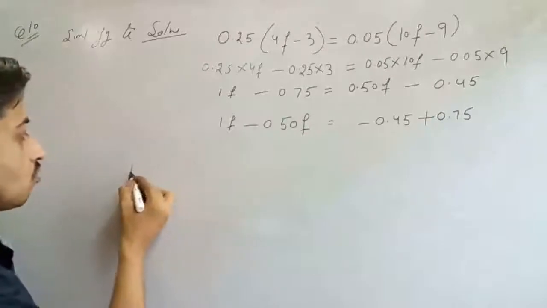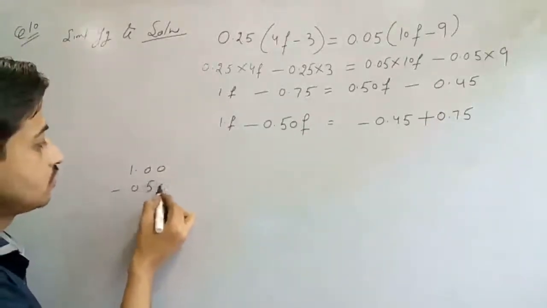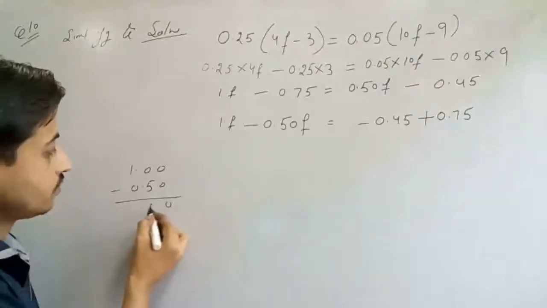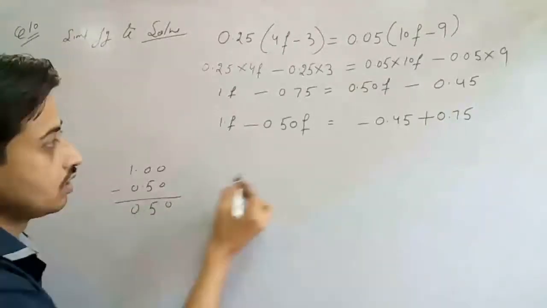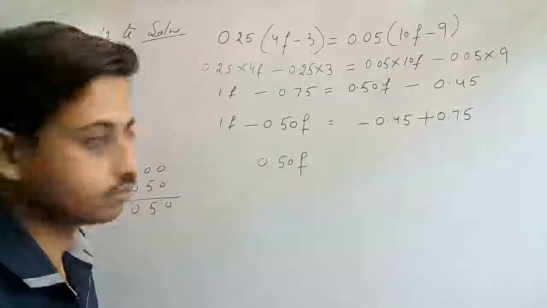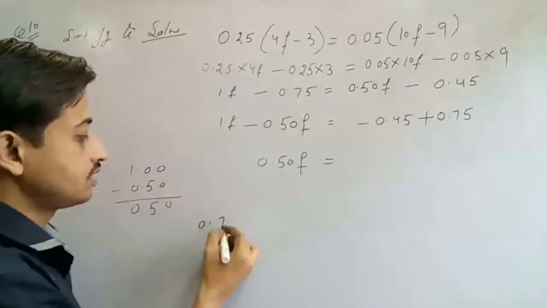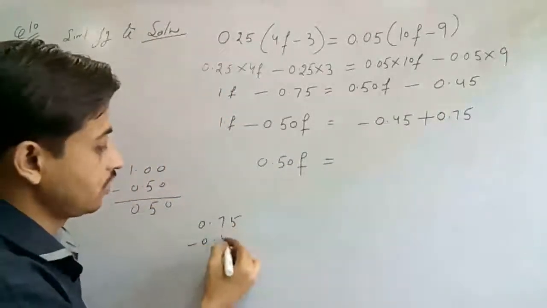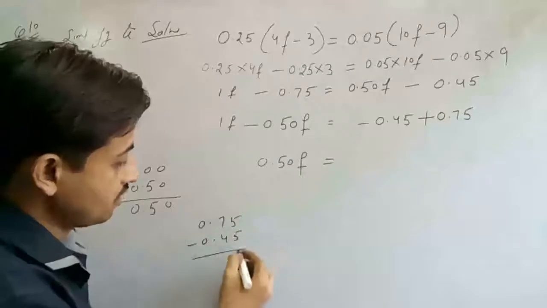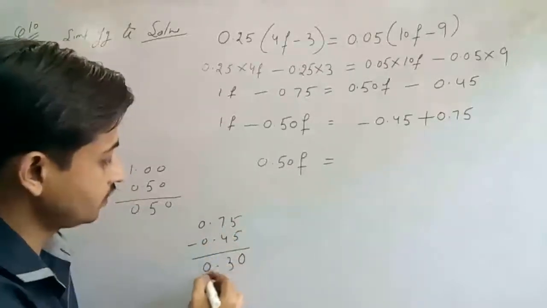How do we subtract? 1.00 minus 0.50, so we get 0.50f. Same here, if we subtract 0.75 minus 0.45, 5 minus 5 is 0, 7 minus 4 is 3, so we get 0.30.